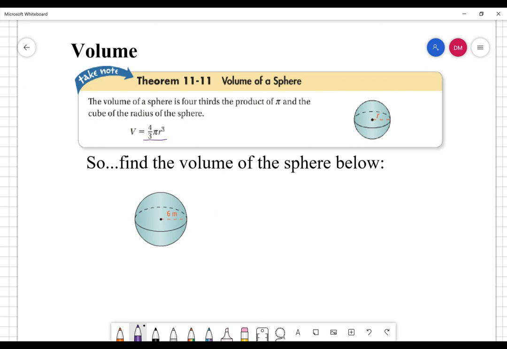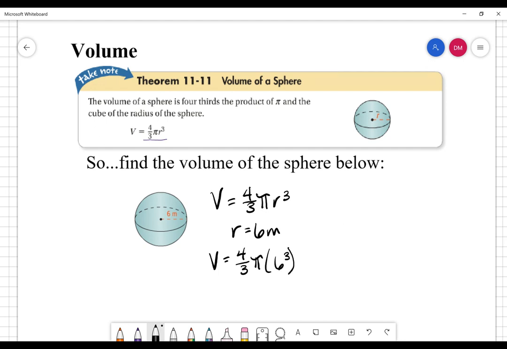Okay, so if you paused, the volume formula here, 4/3 pi r cubed, where we are plugging in a radius of 6 meters. Okay, no tricks there with the diameter. So in my calculator, 4/3 times pi times that 6 cubed.